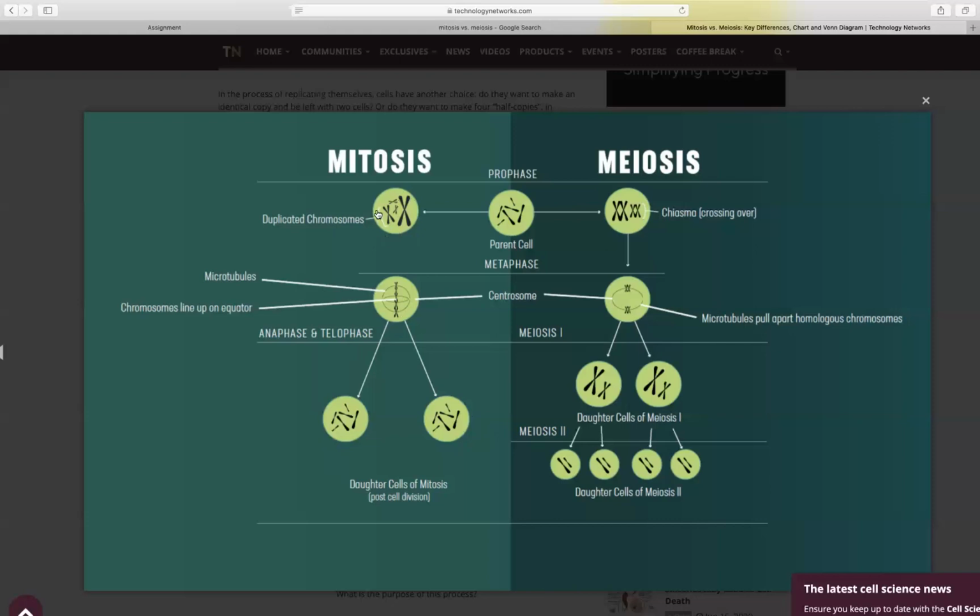The daughter cells should look exactly like the parent cells, and that's mitosis. It only goes through one set of duplication of DNA and then one set of splitting. So we start off with 2n, we end at 2n, which is a classic question regarding mitosis. And it makes sense because I want my skin cell to look like a skin cell.